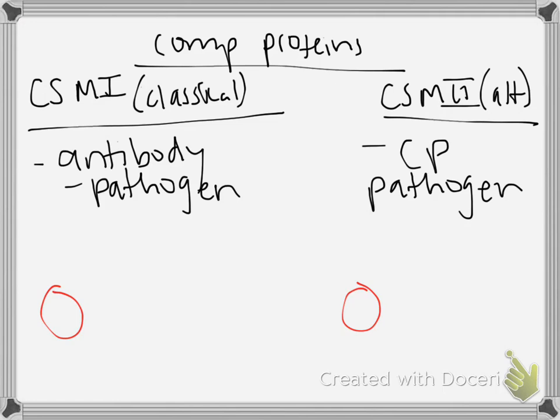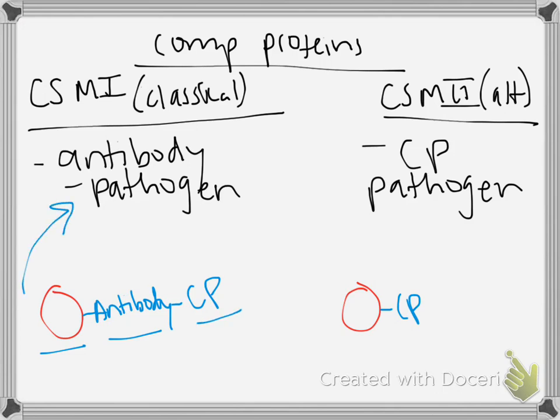And the first complement protein, it's going to have an antibody. Okay, cool. And the second one, we're just going to put a complement protein. So this would look like this for the first mechanism. Pathogen, antibody, complex, and then the complement protein attached. The second one is just a complement protein attached to the pathogen.